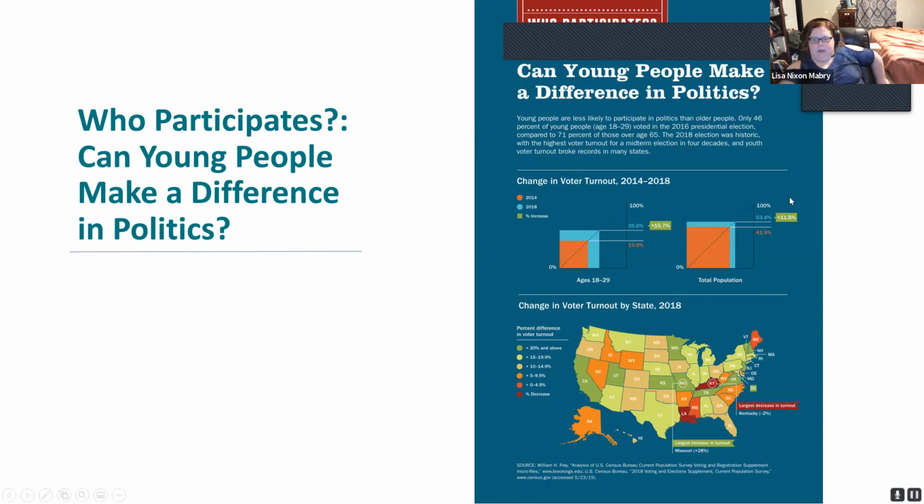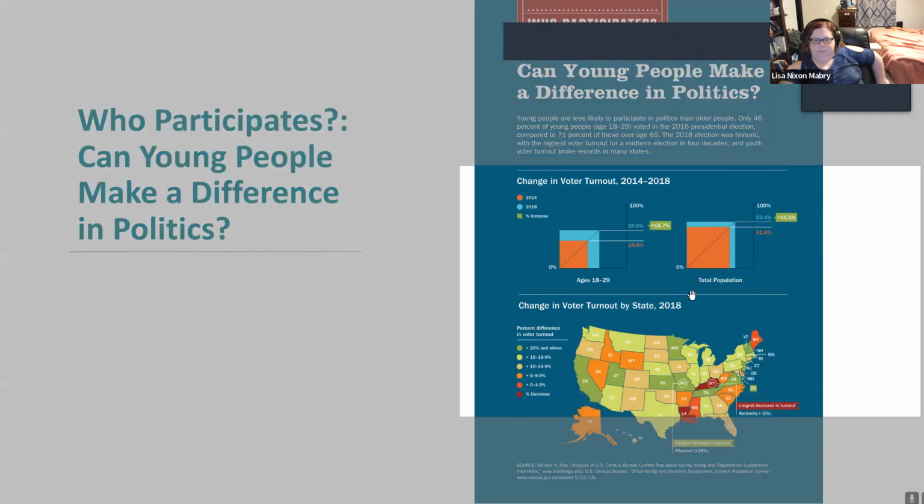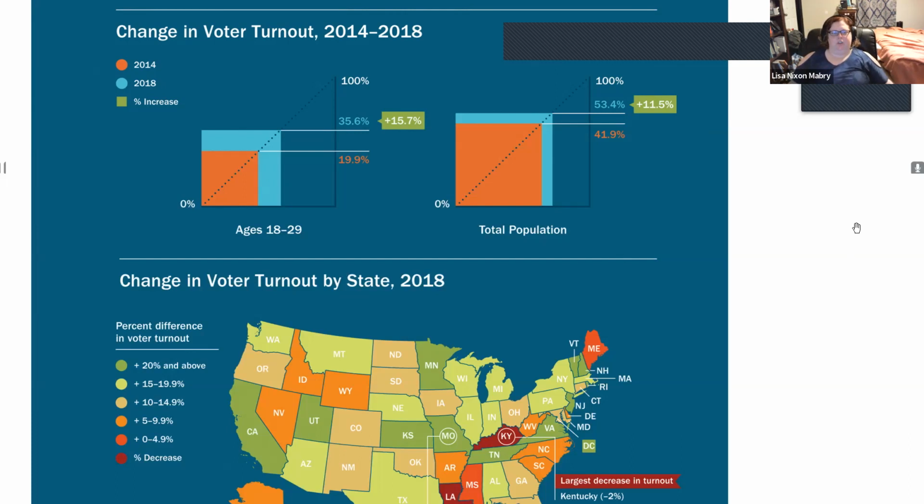So you can see here, let me zoom this in if you don't have your book with you. So here's the change in voter turnout. 2014, orange for 18 to 29, and then the blue is 2018. So 15% more, which is great.